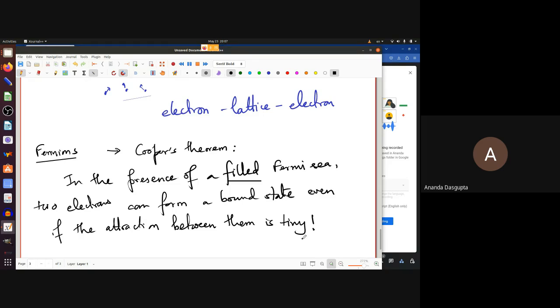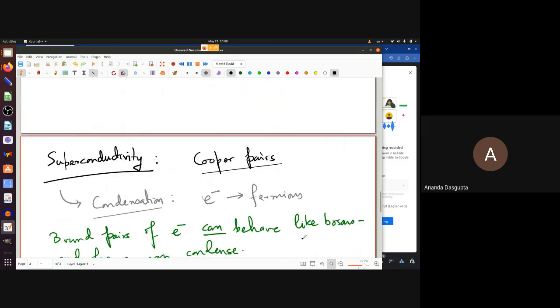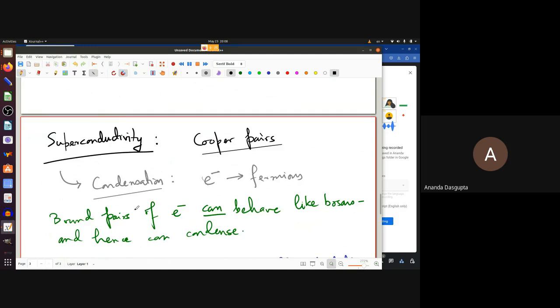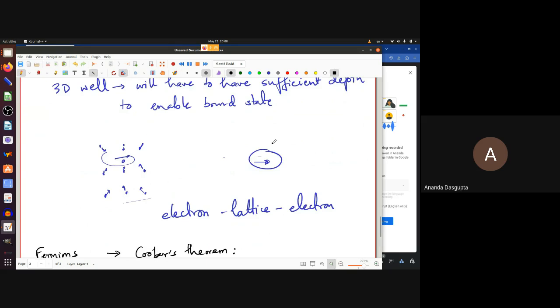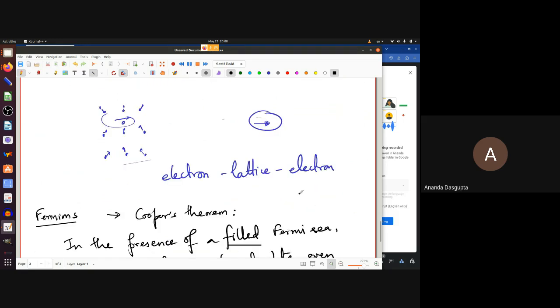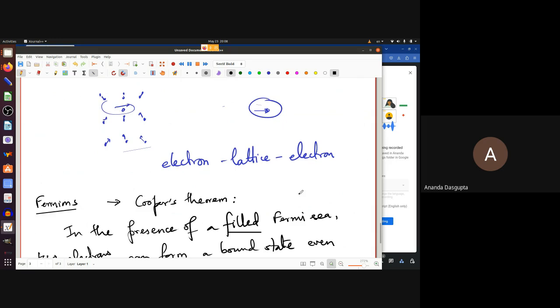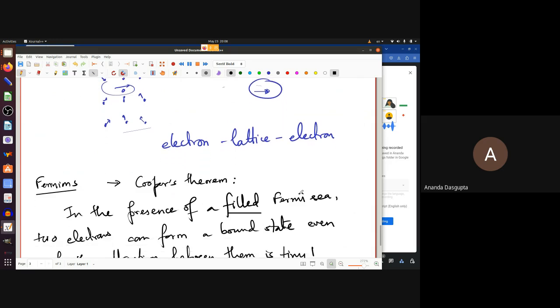So notice that this is a rather funny situation. We started by saying that electrons, being fermions, cannot form condensates directly. You need bound pairs to form condensates. How can you form bound pairs? You can form bound pairs only if there's an attraction. So using this electron lattice electron interaction picture, we can understand why two electrons can still manage to attract each other. But even that kind of attraction would not have produced a bound state unless electrons were fermions.